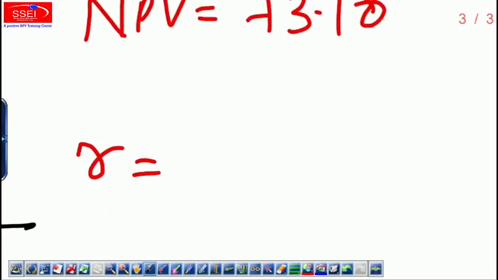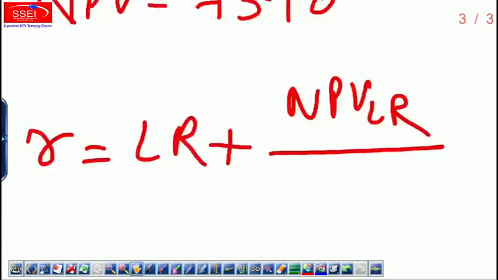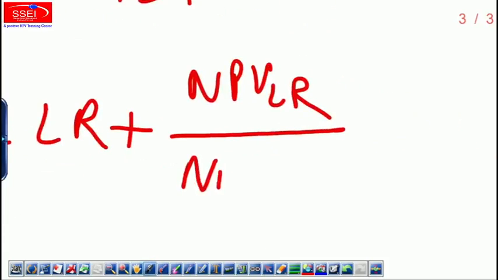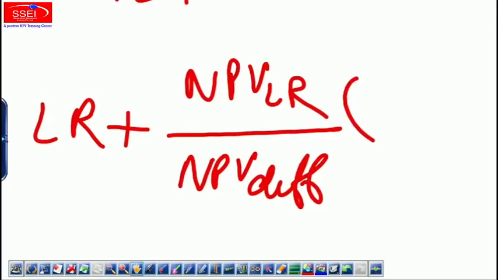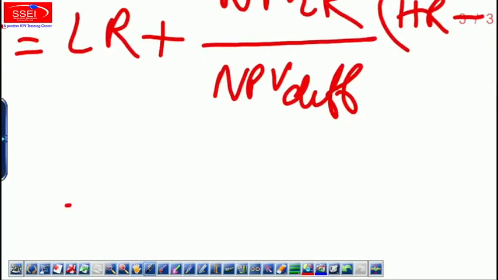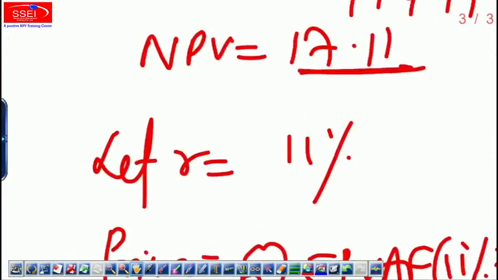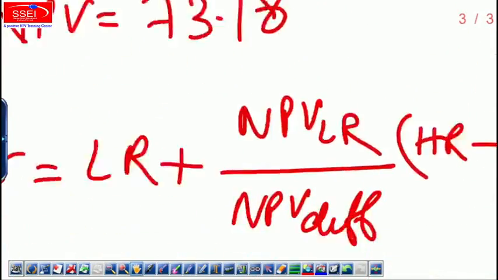So how do we do it? YTM is equal to the lower rate plus NPV at lower rate divided by NPV difference, multiplied by higher rate minus lower rate. That's how we do it. So what was the lower rate? 9% plus what was the NPV at the lower rate? 17.11.